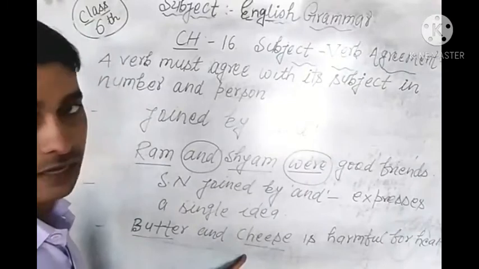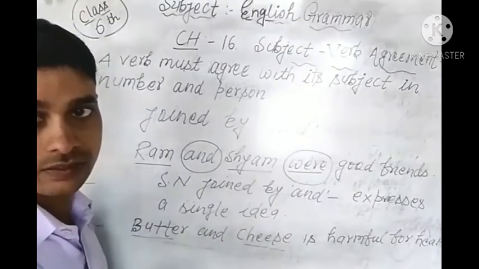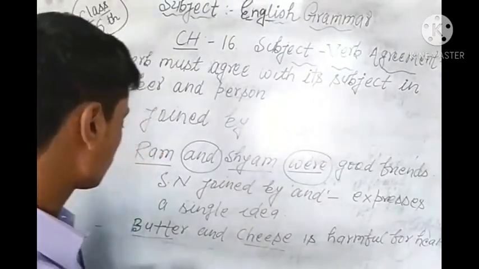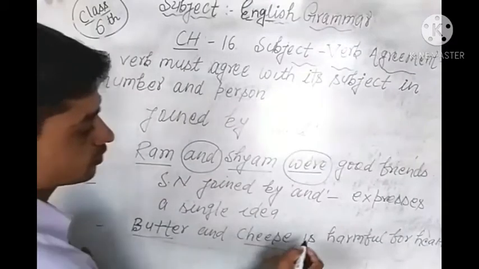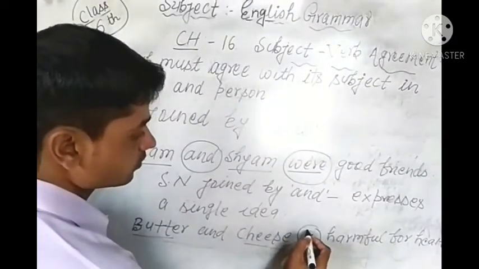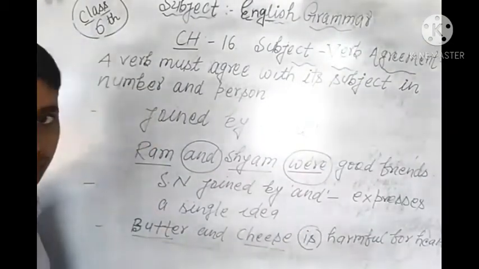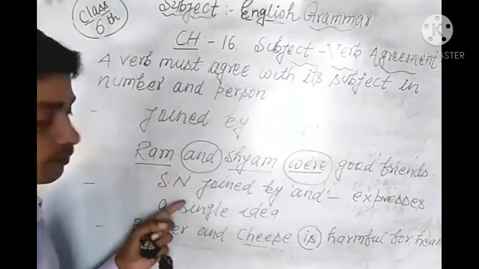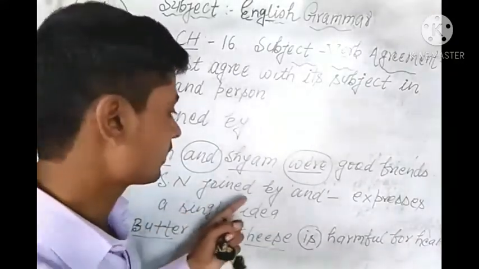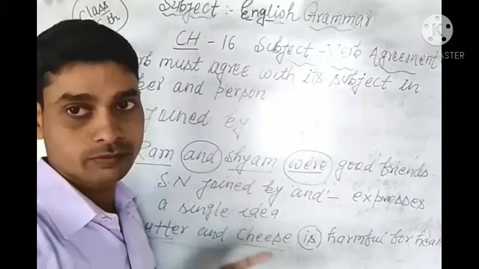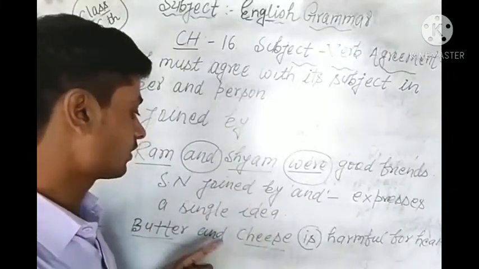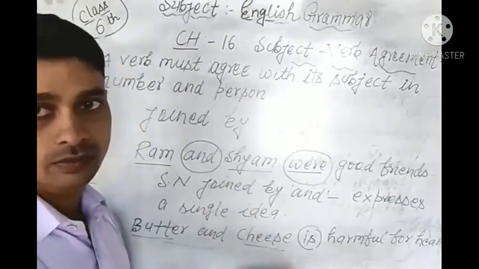Butter and cheese is food items. So we use only the singular verb is here. You have to remember, if two nouns are joined by and but both express a single idea, then we use a singular verb.